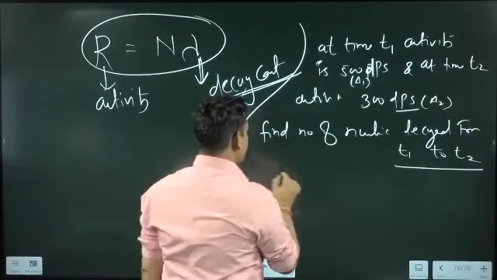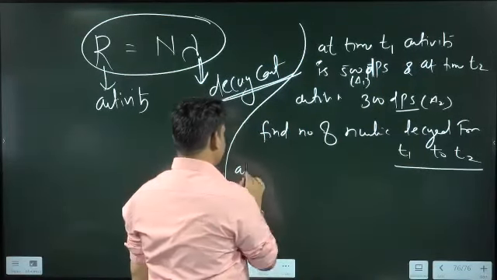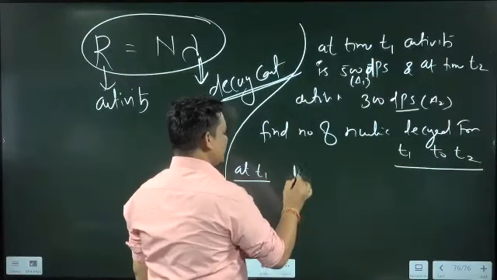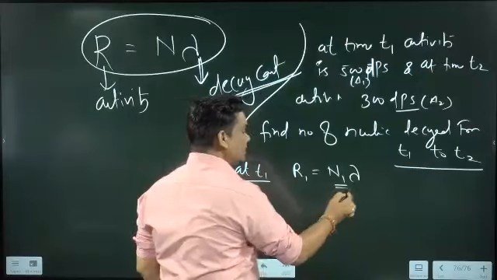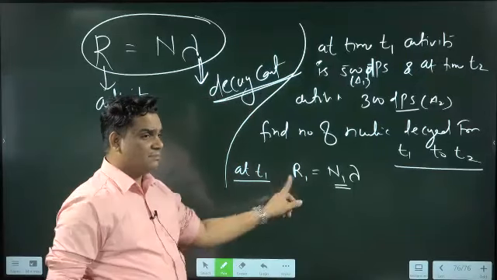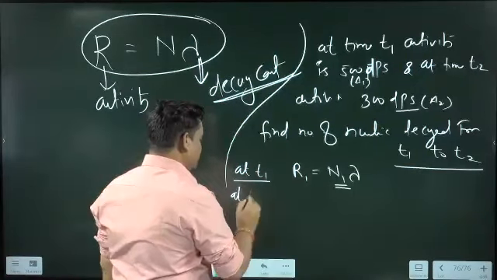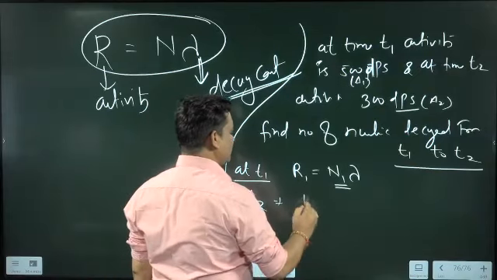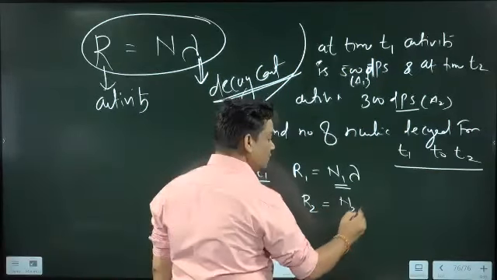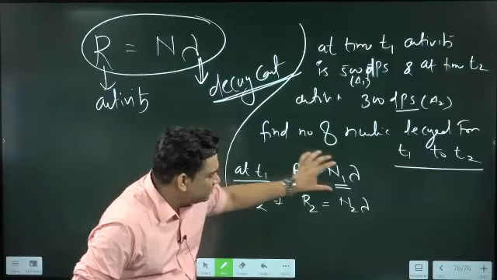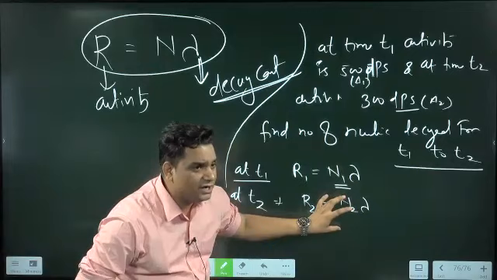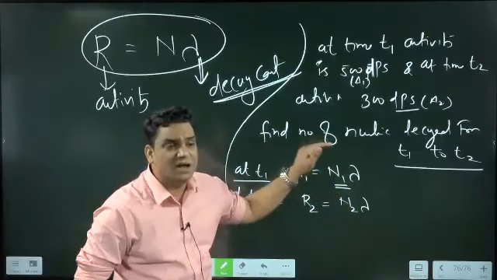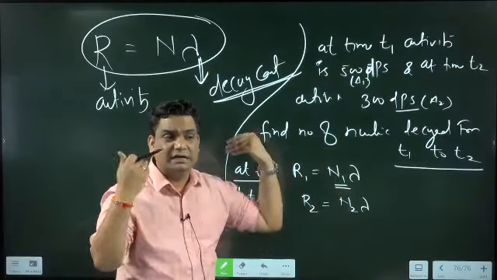So at time T1, I can write R1 equal to N1 into lambda, means N1 nuclei were there at time T1. At time T2, R2 will be equal to N2 into lambda. Means at time T1, 1000 nuclei were there, and at time T2, suppose 500 nuclei are there, then how many decayed? 1000 minus 500 decayed.